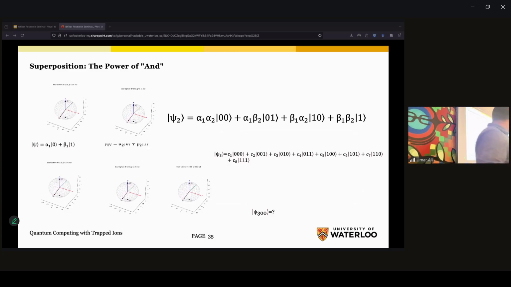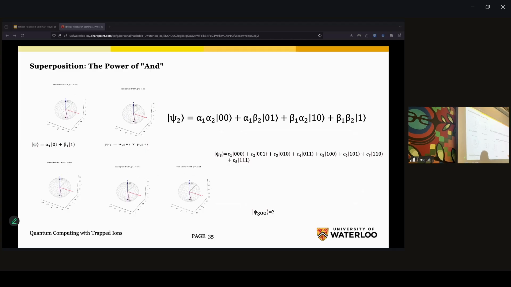And if you have 3 qubits, you can already see that we have 000, 001, up to 111, which is 8 coefficients for 3 bits. So the more qubits you have, the more coefficients you need to describe the state.